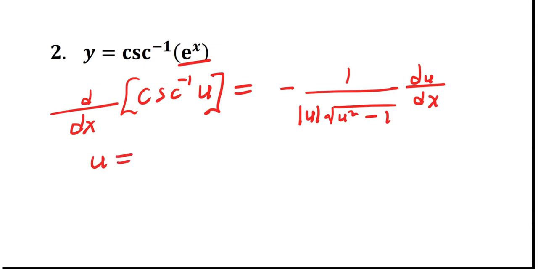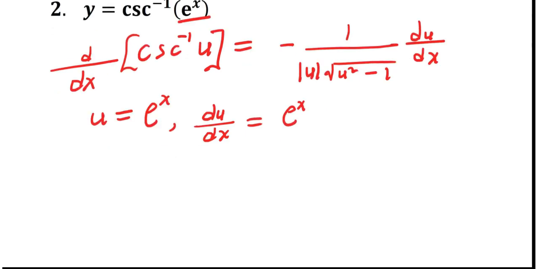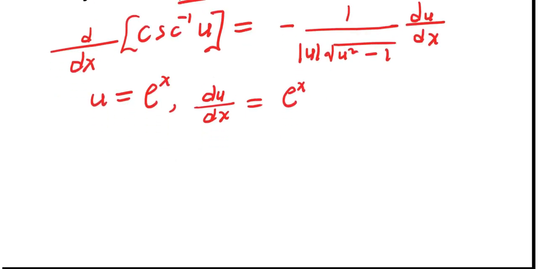So u is equal to e to the power of x, and if we take the derivative of u with respect to x, this will also give us e to the power of x. So now we can take the derivative of y.